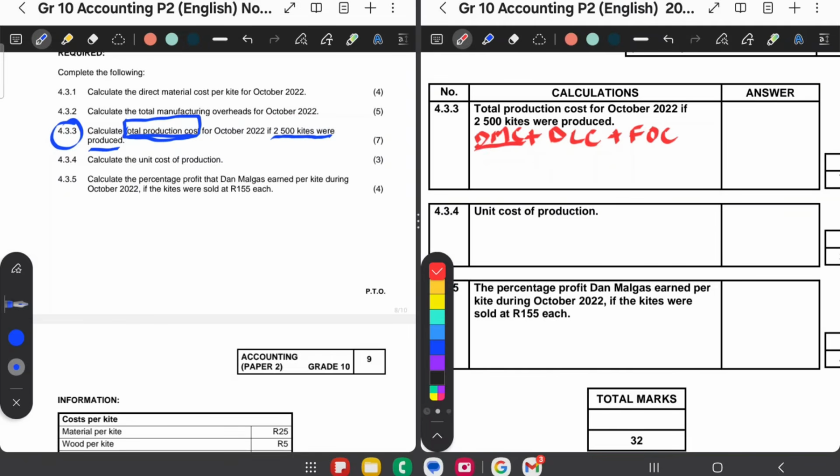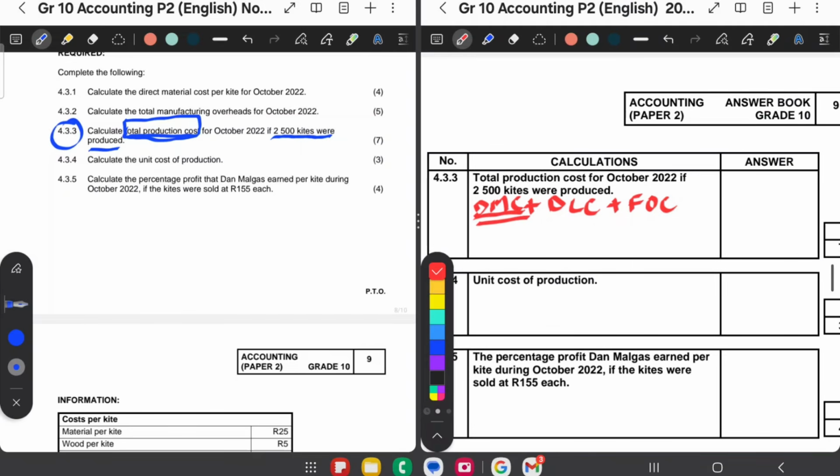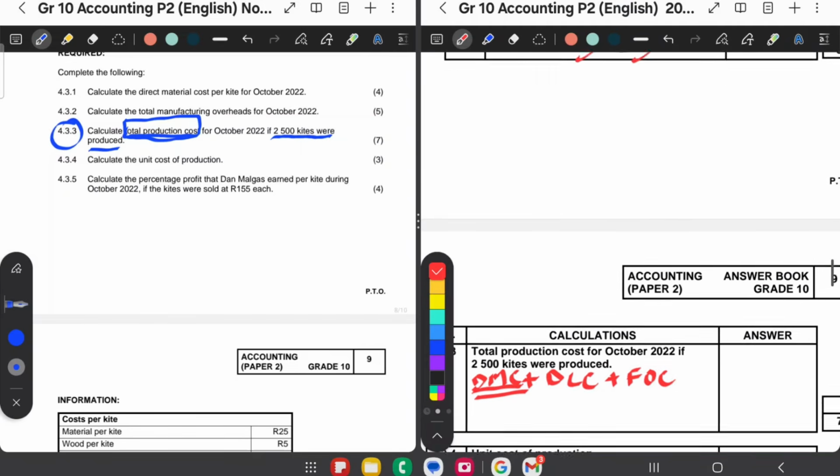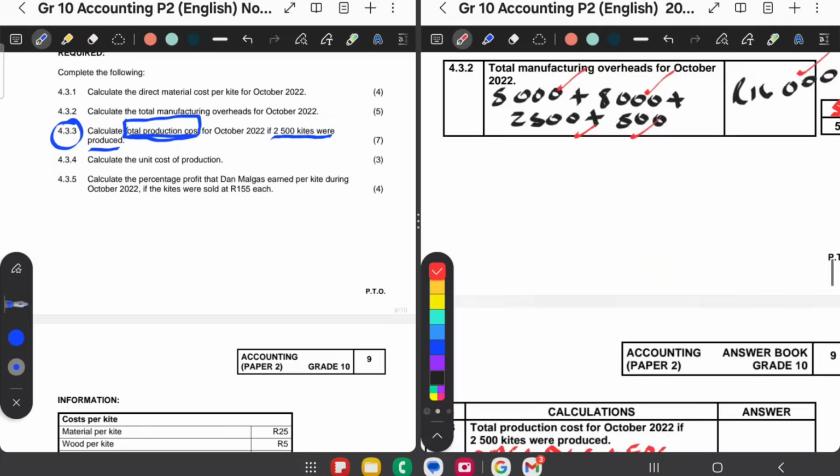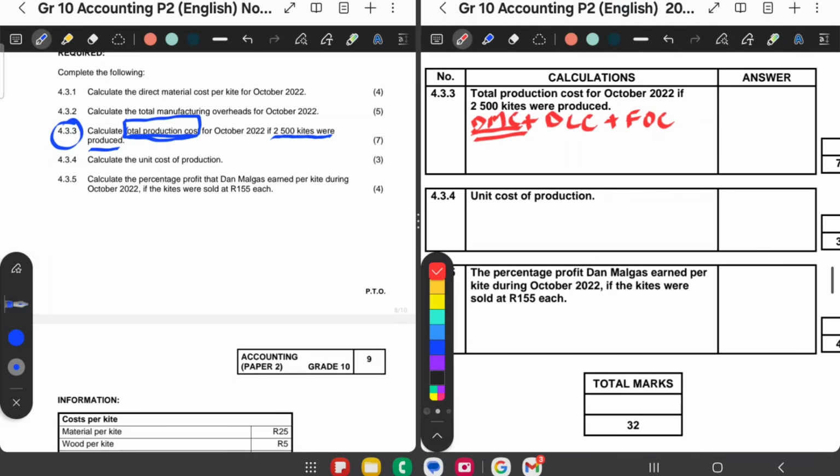So for direct material cost, do you remember that we worked out direct material cost? Direct material cost here was 35 Rand per kite. So for direct material cost, I'm going to say this is 35 Rand times the number of kites that was produced. So times 2,500.